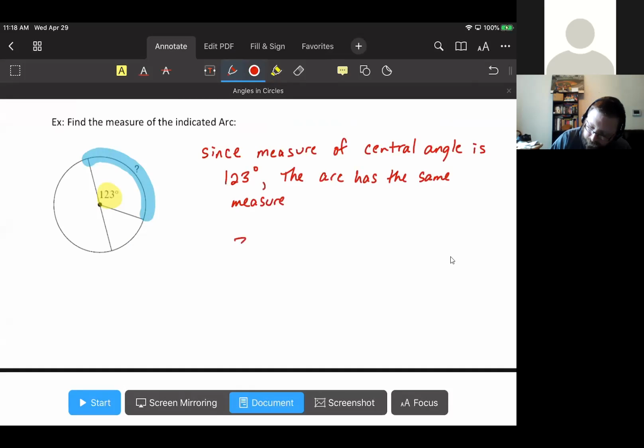So our answer here, that question mark, or if it were a variable, that variable, is equal to 123 degrees. Real simple, real straightforward stuff. Central angle is equal to the arc. Grab a screenshot if you want one.